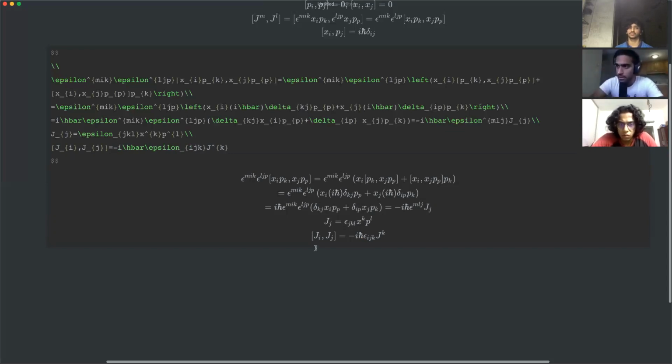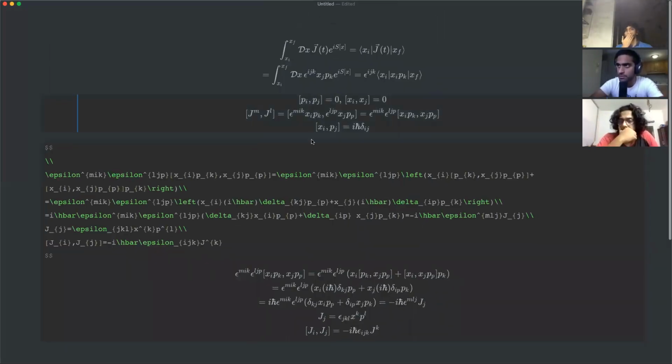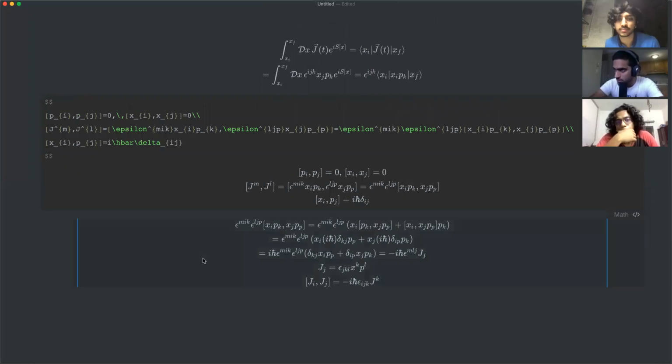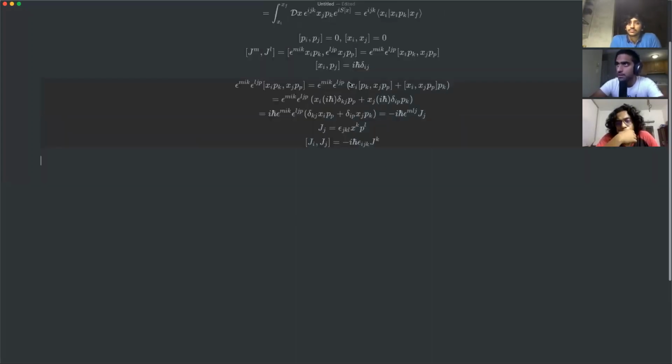So angular momentum doesn't commute with itself, unlike the components of linear momentum. It's different because it's a composite operator formed from X and P.